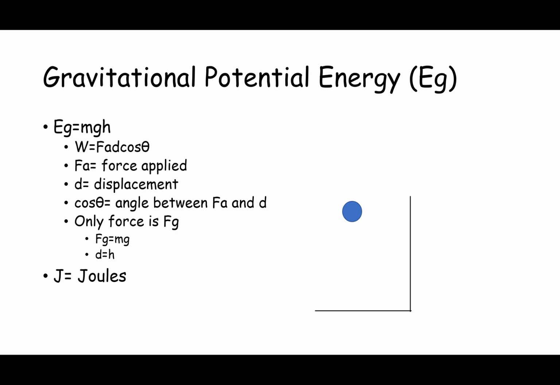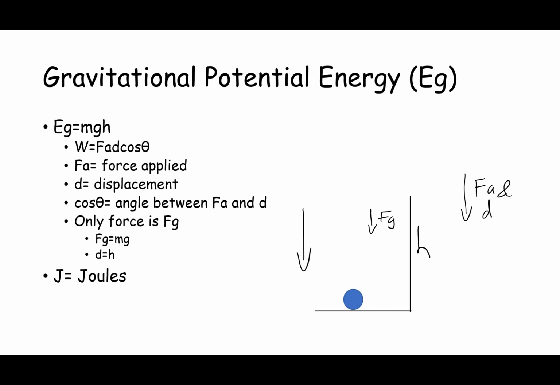Because theta is 0, there is no angle, so cos theta equals 1, we can ignore that factor for now. So the only thing left is FA and d. The only force acting on the object is gravity, since it's gravitational potential energy. And then displacement would be the height, or how high the object falls down. The unit measured for EG would be joules, because joules are a unit of energy.